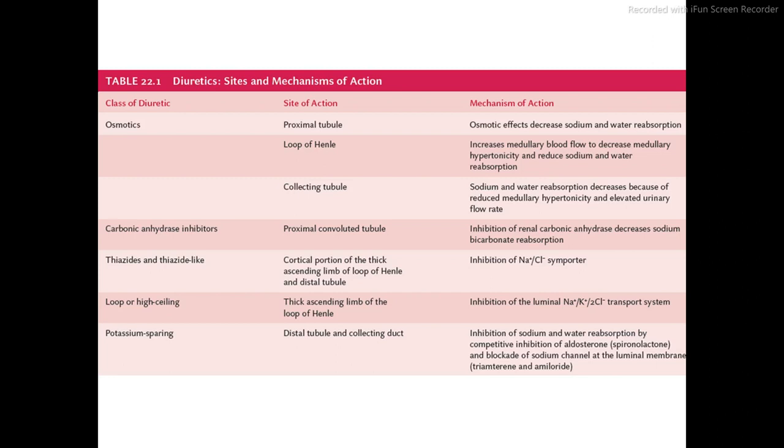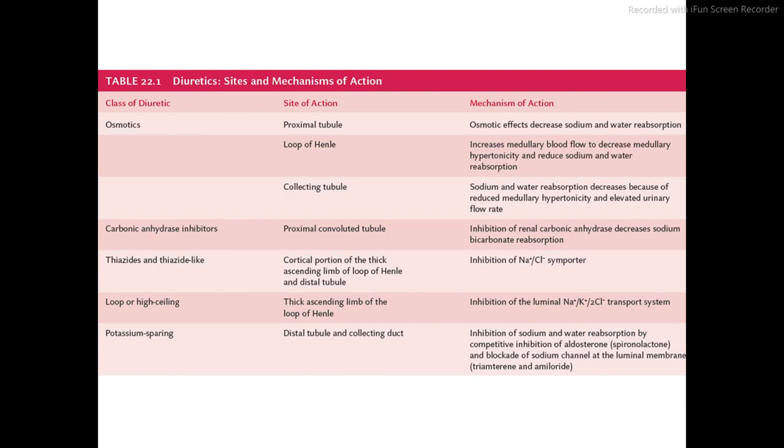So what is the main objective of all these diuretics? That is to increase the flow of these ions, specifically sodium and the chloride ion, and with this sodium and chloride ion, also to excrete the water from the body. That is the main objective of these diuretics. If the diuretics fail to excrete these ions, then what will happen?